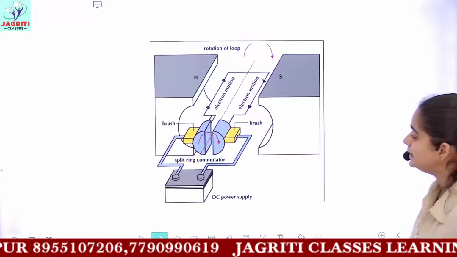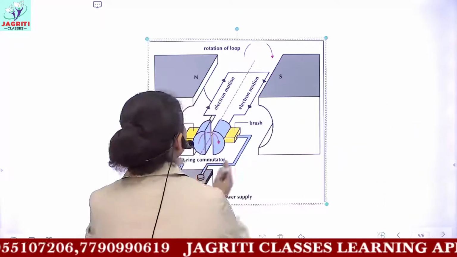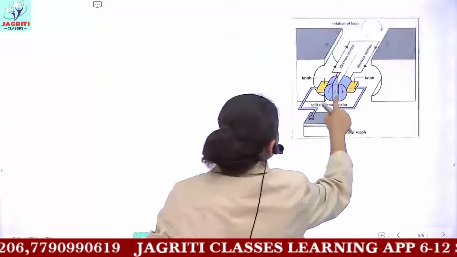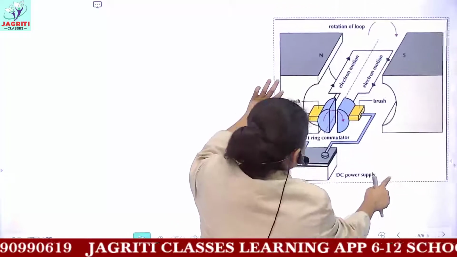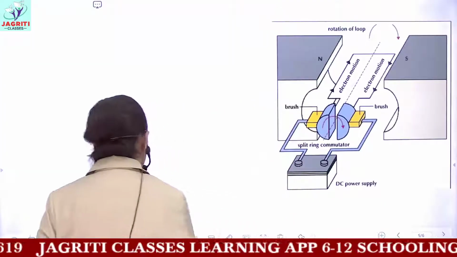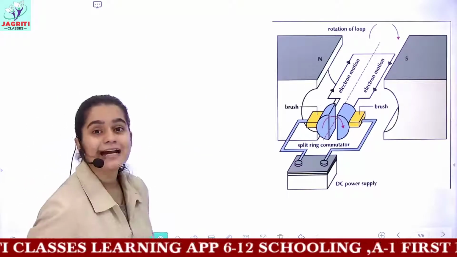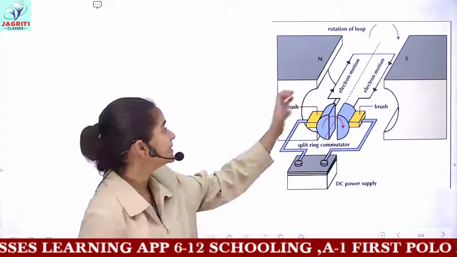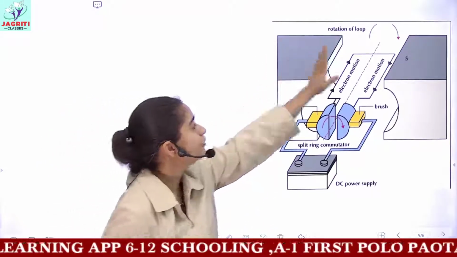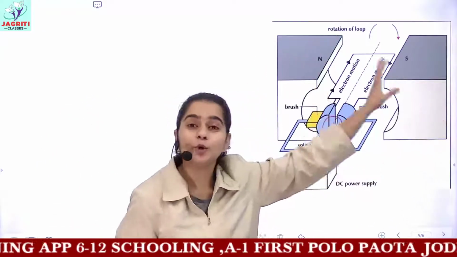Here again, an electric motor is drawn, and it is being shown what the direction of motion would be. So let's see. If we try to understand the working of the electric motor using this diagram, then we know you have north and south poles, the two poles of a magnet.